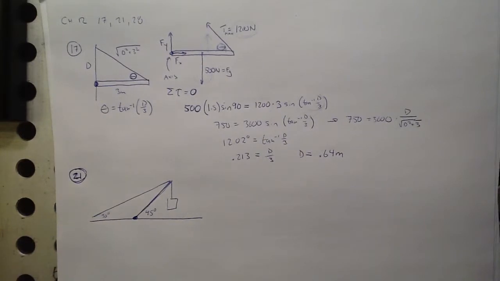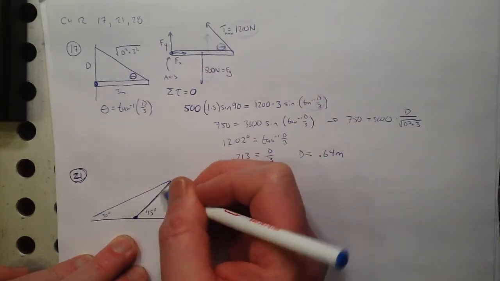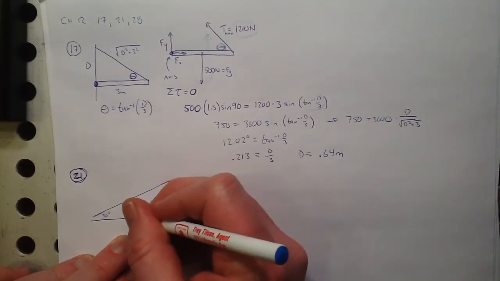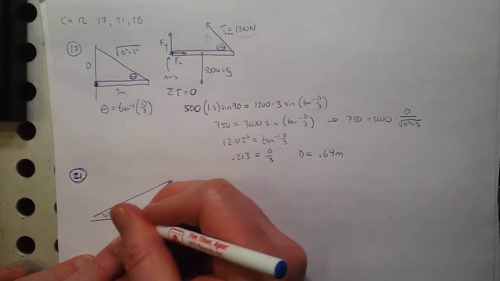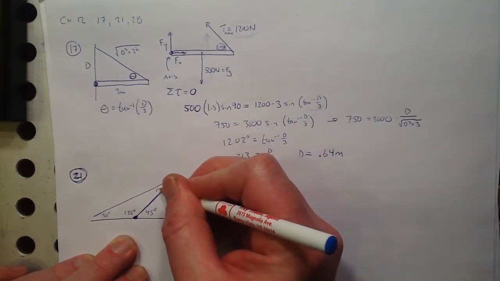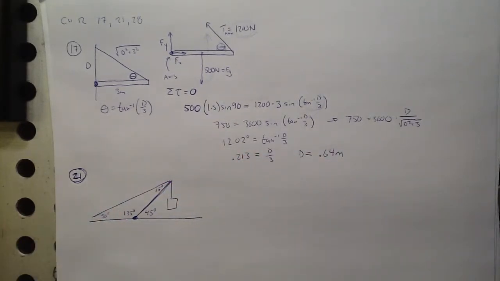And just in the interest of geometry and knowing angles, I'm going to go ahead and fill in the rest of these angles. If this is 45, this is 135, and if this is 30 and 135, it's 165. This is a 15-degree angle right here, and we will need to know that. Right.